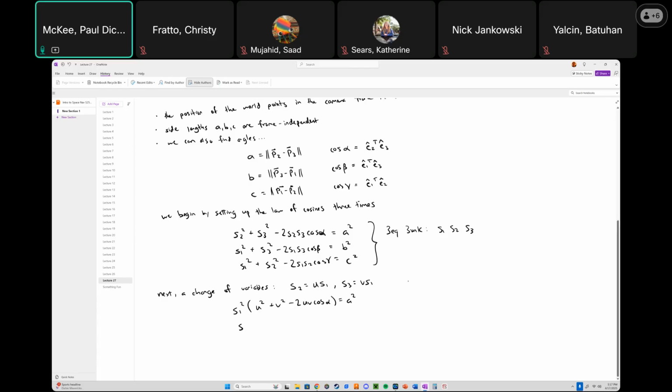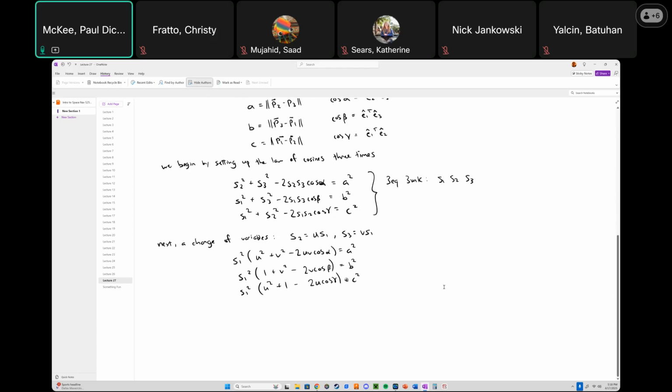And then we get S1 squared times 1 plus V squared minus 2V cosine beta is equal to B squared. And then we have S1 squared times U squared plus 1 minus 2U cosine gamma is equal to C squared.